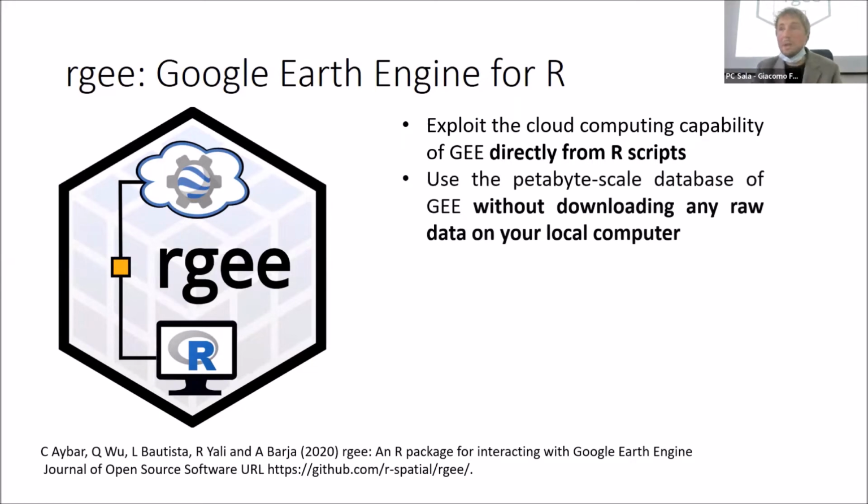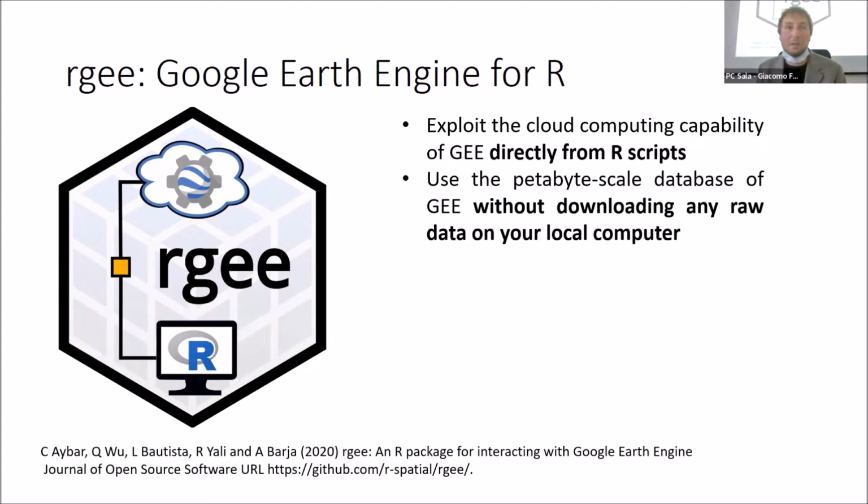And also, a big benefit of using Google Earth Engine or this type of tools, you have a lot of data, especially satellite imagery, satellite products, climate data, all this global coverage, historical and future information produced by NASA, for instance, or by the European Space Agency, but you don't need to download them on your computer.